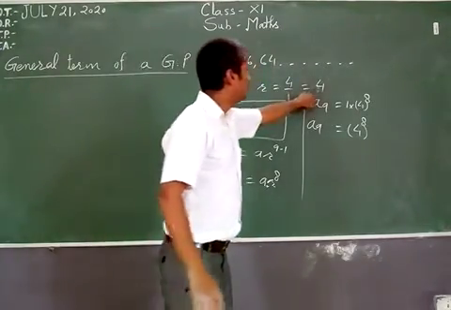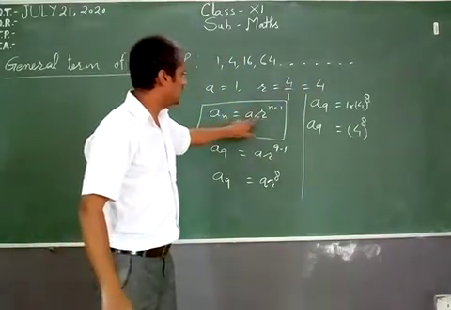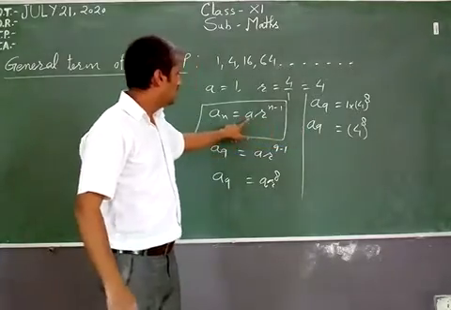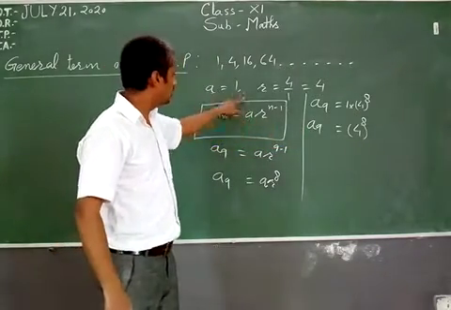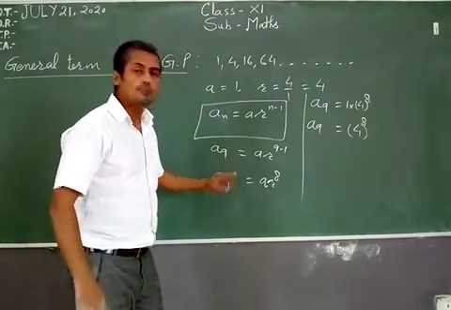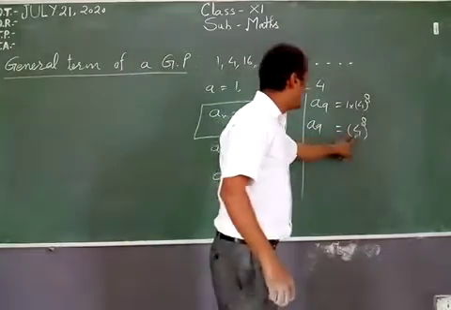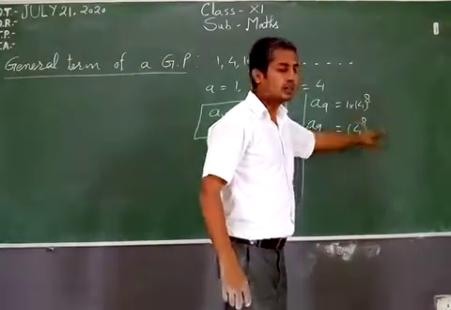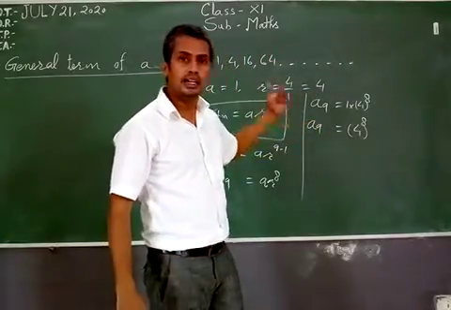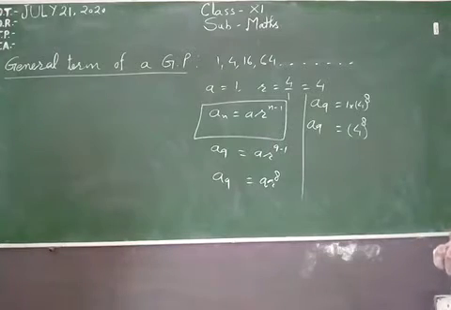The common ratio is 4. The formula to find the general term is An equals A into R power n minus 1. Now we can substitute A equal to 1 and R equal to 4. A9, the ninth term of this GP, is 4 power 8. Now we can find the 100th term or 1000th term using the nth term formula for a geometric progression.